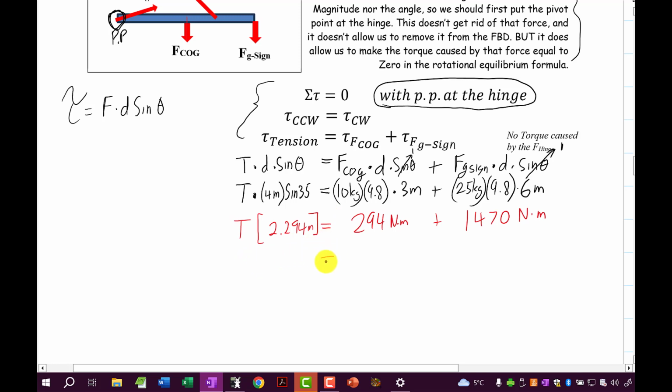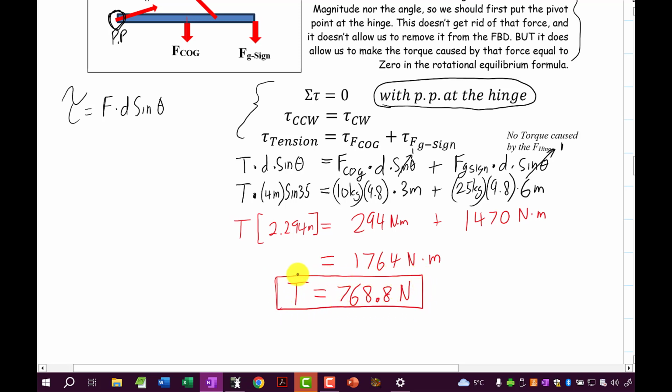So this is 1764 Newton meters. So the tension is just going to be equal to 768.8 newtons. There we go. I'll just leave it like that.